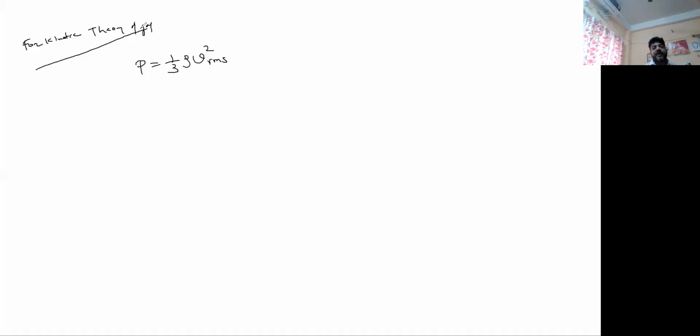Okay, kinetic theory of gas में the first formula is pressure is 1/3 rho v square. Rho is the density, v is the RMS velocity. Okay, and from this formula we can prove one more thing, because density का मतलब होता है mass by volume.